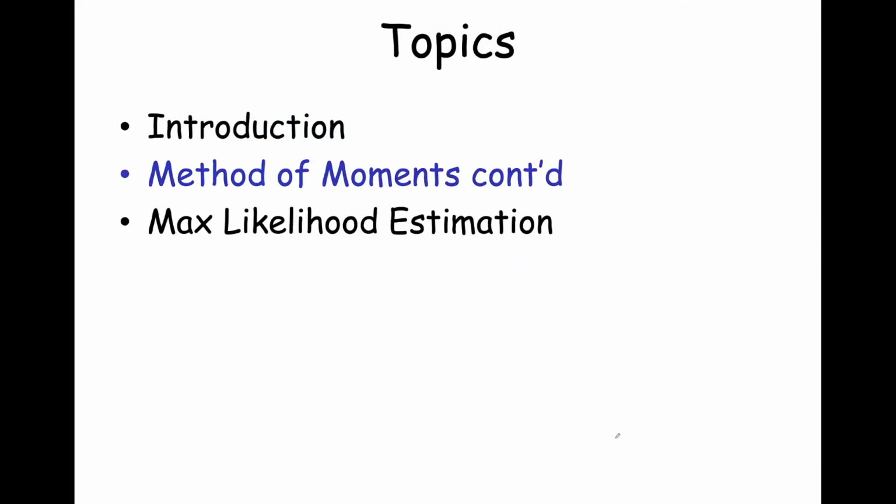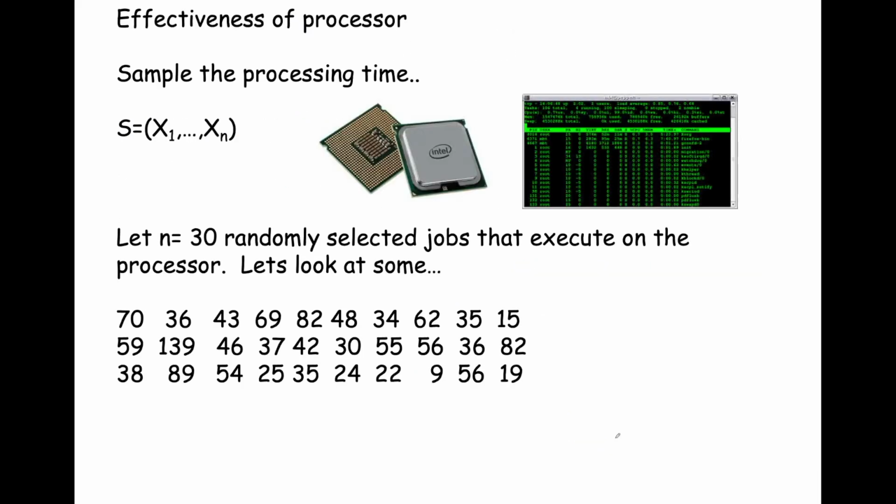Okay, so let's continue on with method of moments, and we're going to use a more sophisticated example of a case where we have more than one parameter associated with our distribution of interest. We had this problem in the past, and it talks about the effectiveness of a processor.